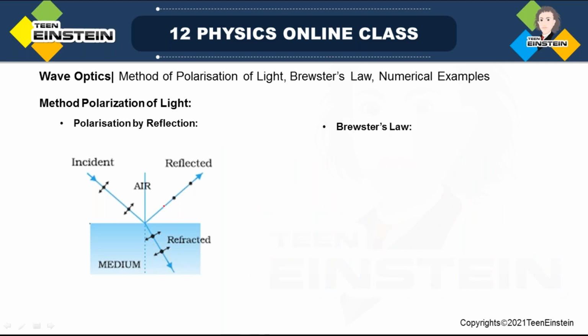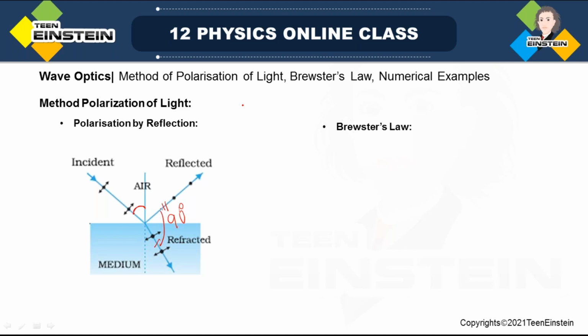The reflected ray will be completely polarized if the reflected ray and refracted ray are perpendicular to each other, making a 90 degree angle between them. But this does not happen with any arbitrary angle of incidence. It depends on the angle of incidence.